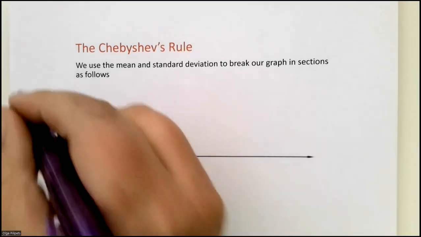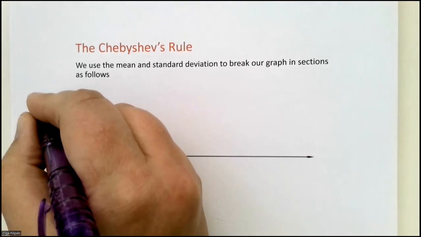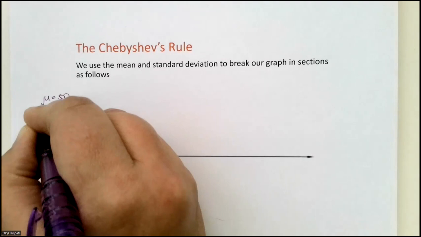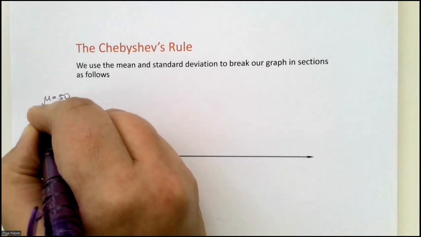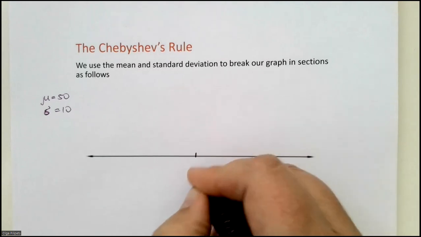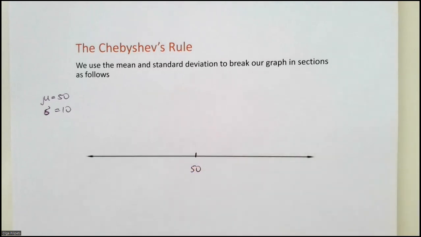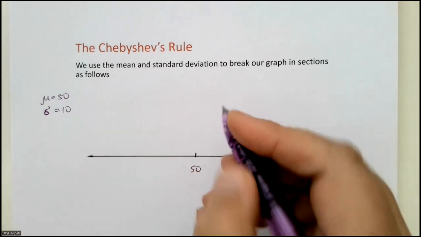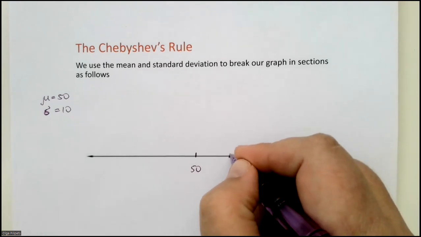So for example, if I knew that I have a distribution with a mean of 50 and a standard deviation of 10, I could represent it in this way. So 50 is the center of the data, and then 10 is my unit step.